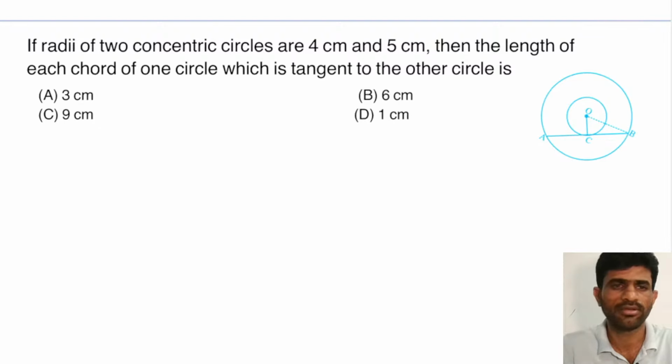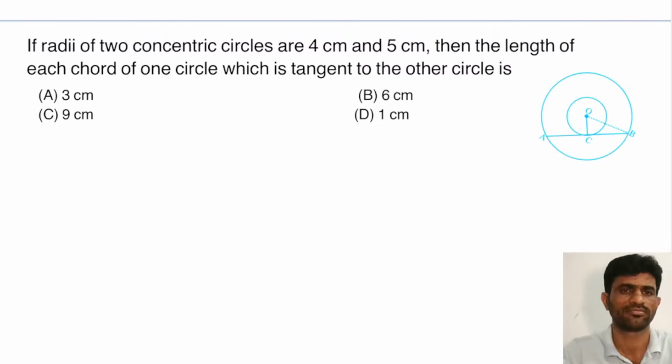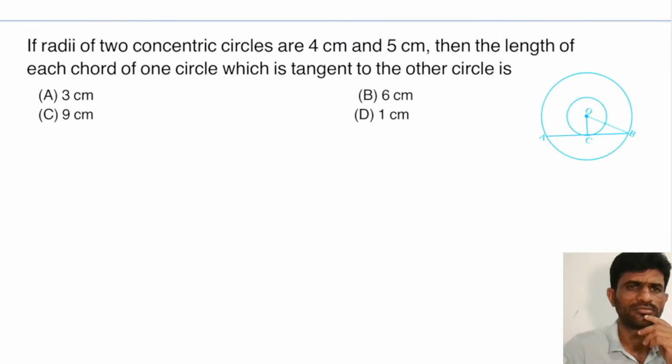Anchit, good evening. What is the correct answer here? You have to find the length of the chord AB. I told you one formula also for when this type of question comes.